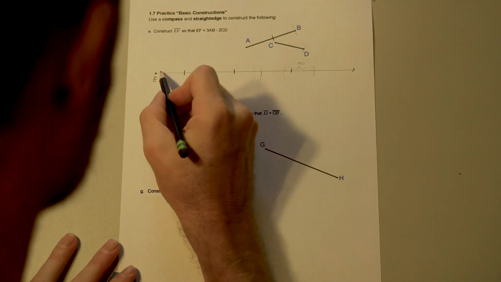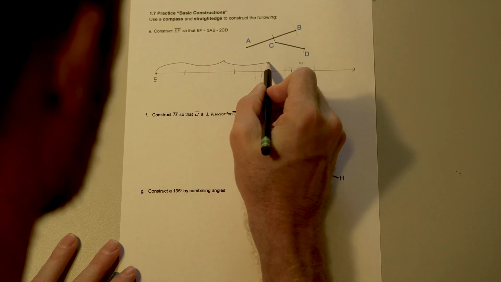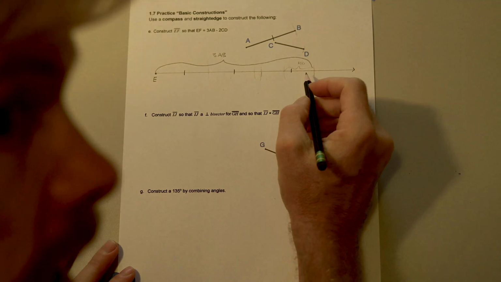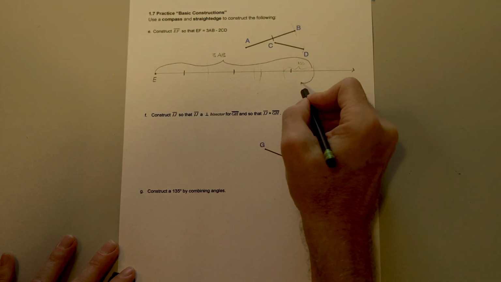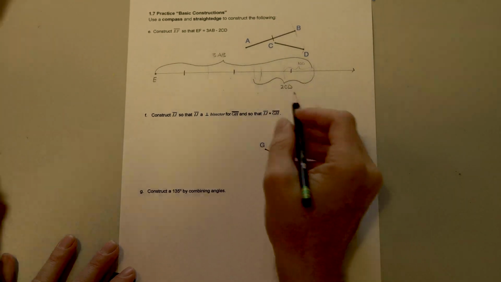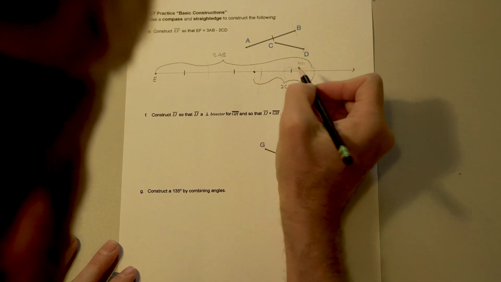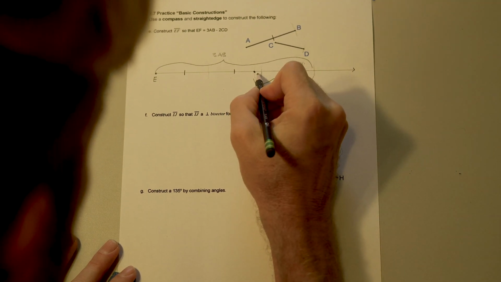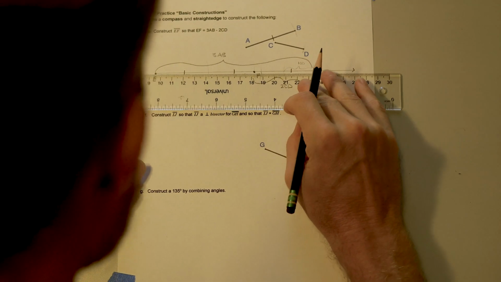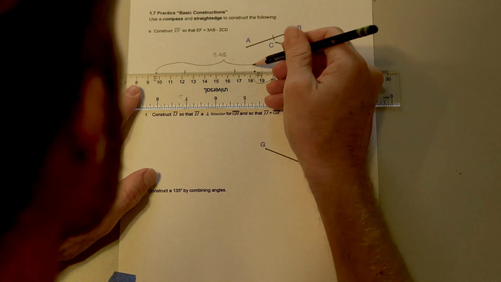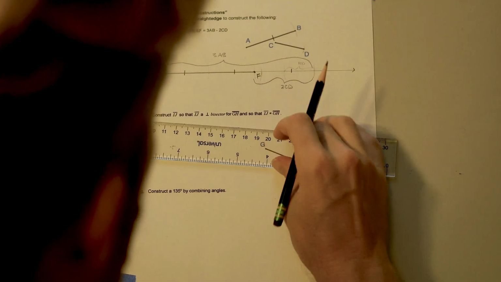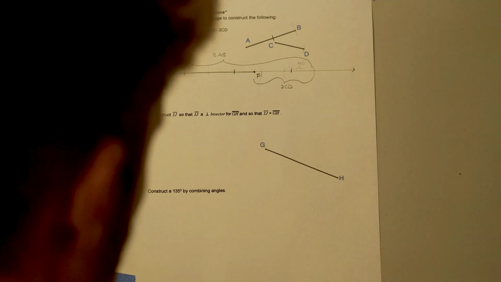Now, just to be explicitly clear, this whole length is 3AB, and this whole length right here is 2CD. So this point right there is F. And maybe I'll just darken the line here a little bit more. But I'm not going to erase anything. I'm going to show all my work.